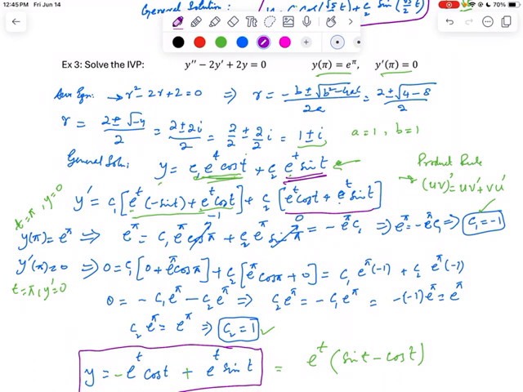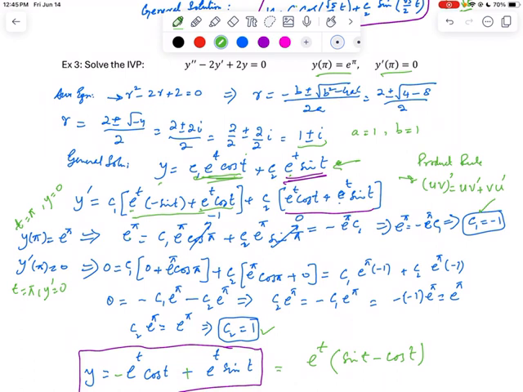When you take the derivative of the first term, c1 can be considered as a constant, or you can attach c1 to one of these functions. I am going to keep it outside because it's a constant, so you don't differentiate the constant, you differentiate the function. So c1 times the derivative of e to the t cosine t.